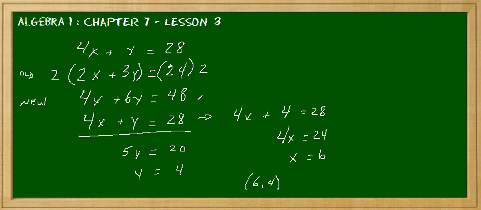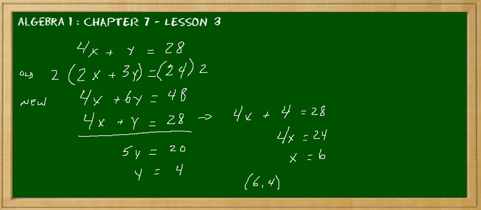Oh, I'm sorry, not two 12s, two 3s. And in doing so, they were able to subtract the second one and get 10x is equal to 60. Solving this for x, we would have x is equal to 6. Substituting the value back in, they find out that y is equal to 4.